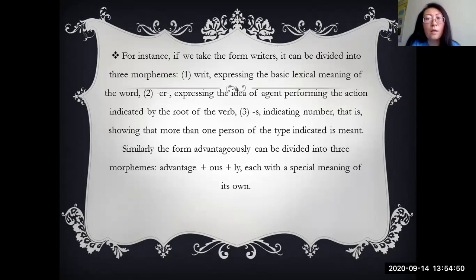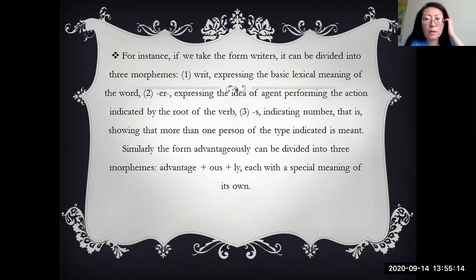For instance, if we take the form writers, it can be divided into three morphemes. First, writ, expressing the basic lexical meaning of the word. Second, er, expressing the idea of an agent performing the action indicated by the root of the verb.